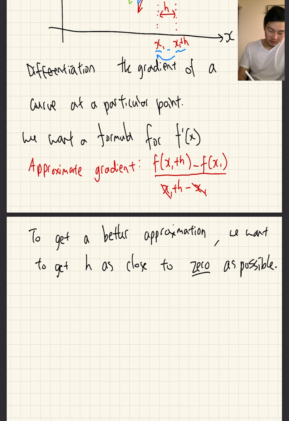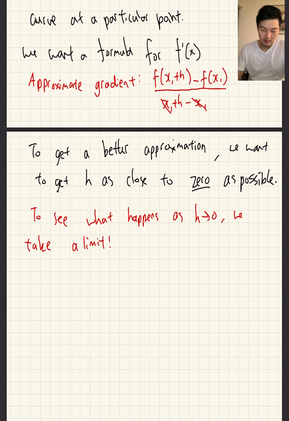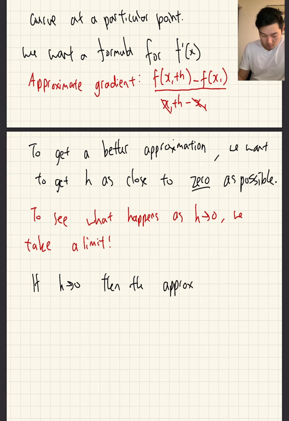To see what happens as h approaches 0, we take a limit. If h approaches 0, then the approximate gradient becomes the actual gradient, which is what we want.